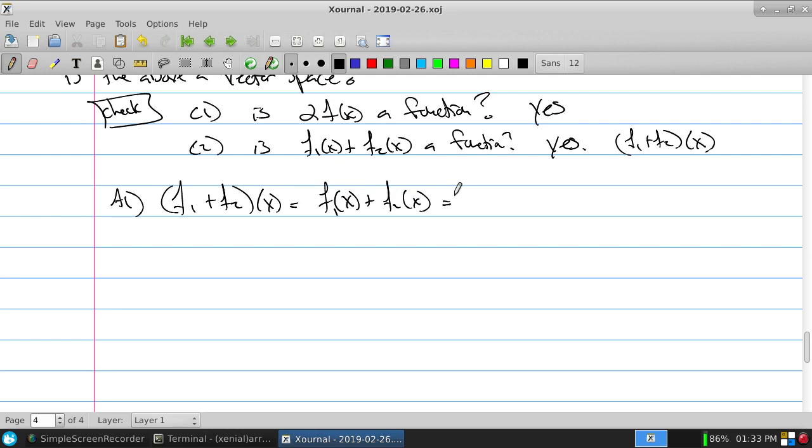But that's a real number, right? Once it's been evaluated, it's a real number. That's a real number, so what's that plus? It's real number plus. Does that allow you to do this? Yes. And function plus function is function plus function. Is it commutative? Yes.